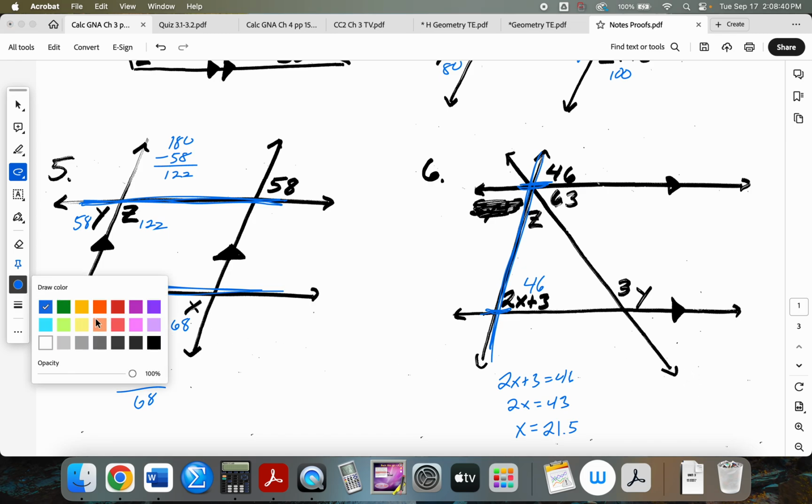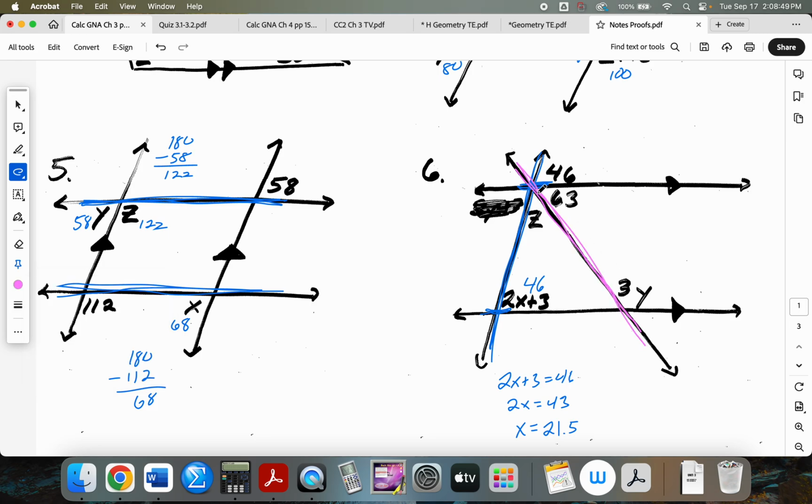We switch colors. For the y, again, we want to be going up and down. And here are the two parallel lines. What kind of angles are the 63 and the 3y? So they are supplementary.